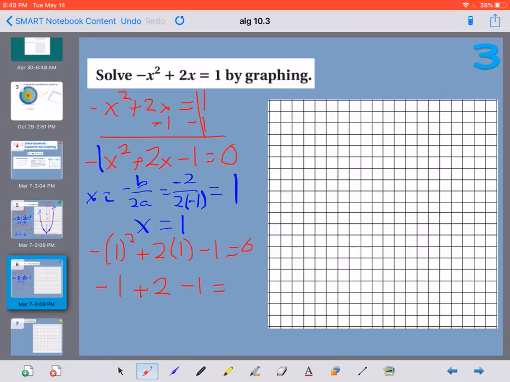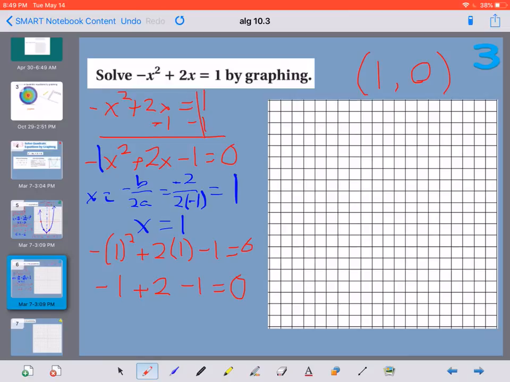Negative 1 plus 2 is 1, minus 1 is going to give us 0. So in this case, my vertex is going to be at 1, 0.